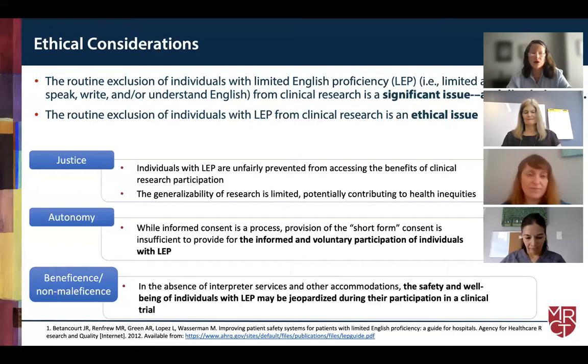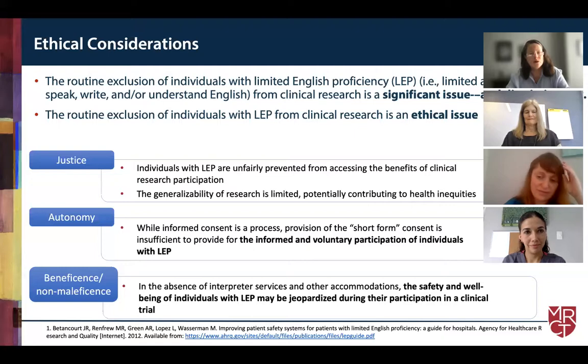And we would argue in that regard, access to clinical research is a protected right. It's also an ethical issue. If we think about our foundational principles of justice, people with limited English proficiency are unfairly prevented from accessing the benefits of clinical research participation. And scientifically, the generalization of those results is limited and likely contributing to health inequities.